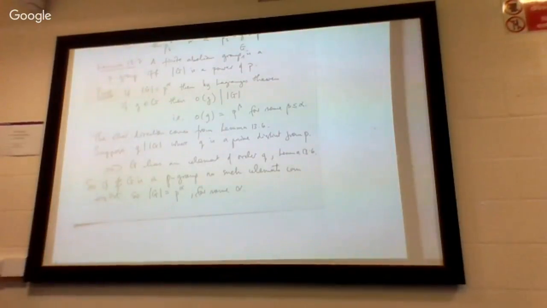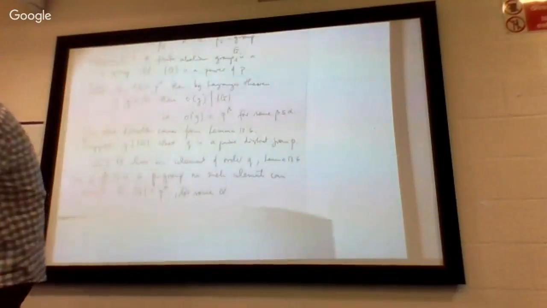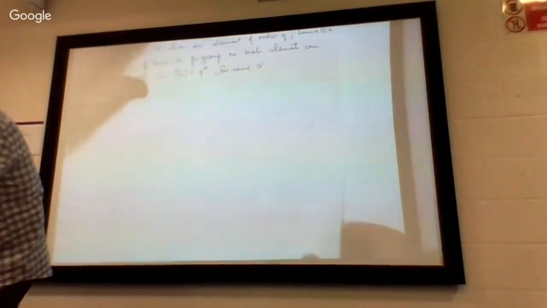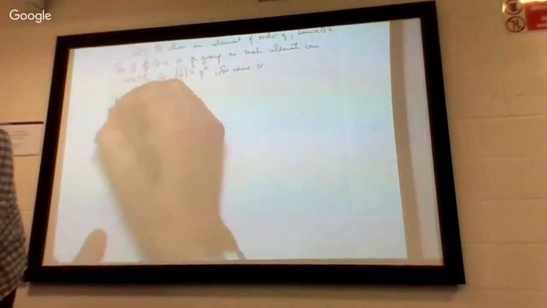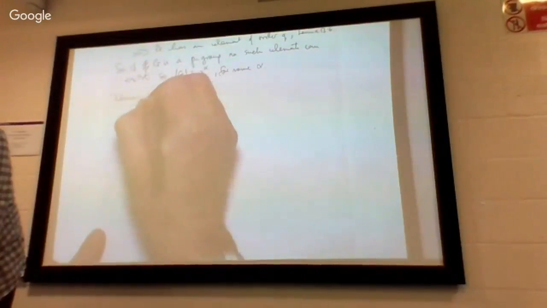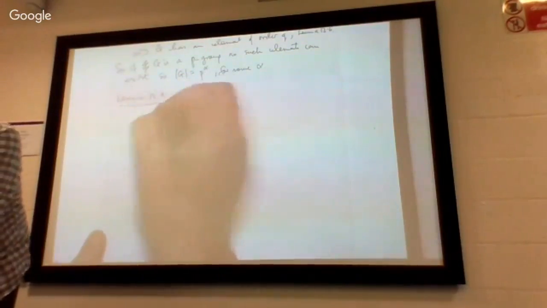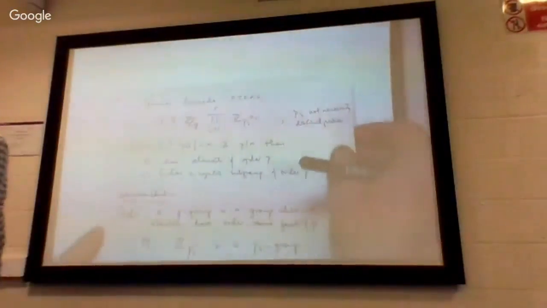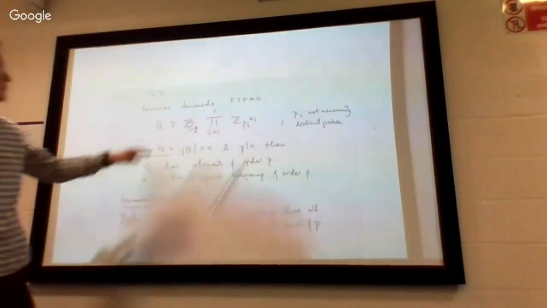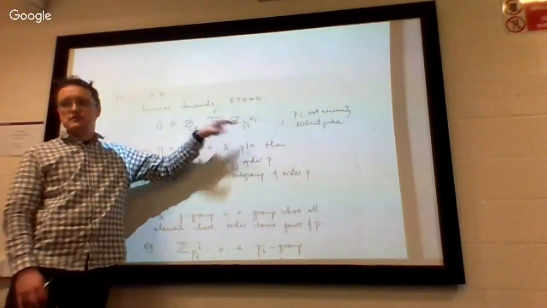Does that make sense? Okay. So now we come to a first lemma which we recognize as a significant step along the way towards the theorem. What does the overall theorem say? It says any group we can write as a direct product like this.